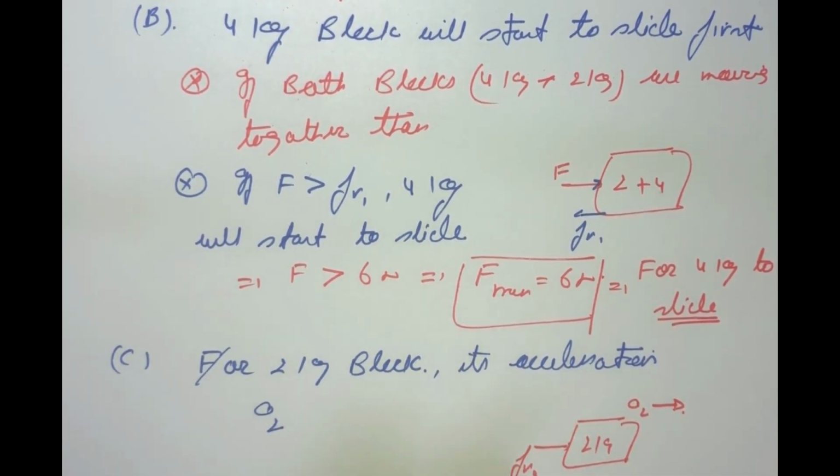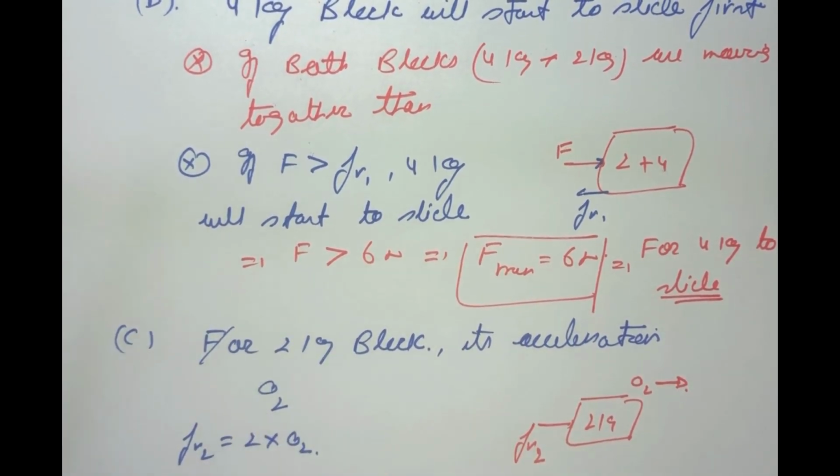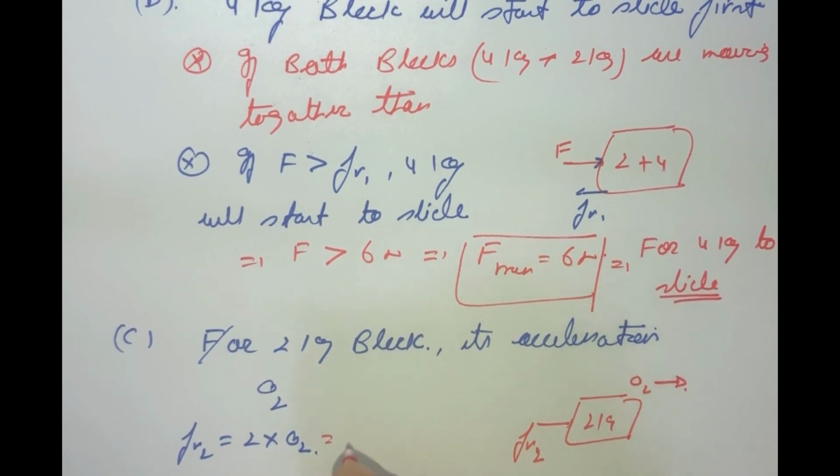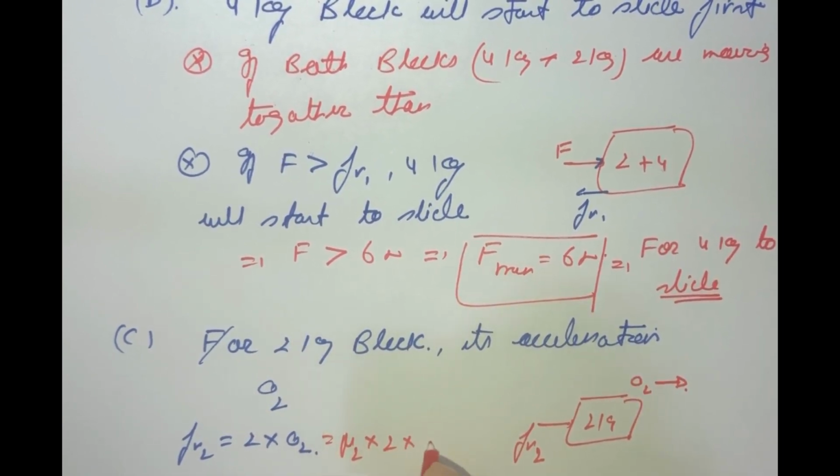So we can say that Fr2 is equal to 2 kg times A2, and Fr2 is also given as mu2 into 2 kg into g.